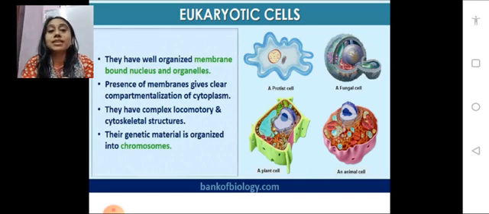The cytoplasm has many organelles, and these organelles are like compartments inside the eukaryotic cell. Another very important characteristic is that the DNA in eukaryotic cell does not appear like fibers as in the prokaryotic cell. They appear as chromosomes, rod-like structures, inside the nucleus.